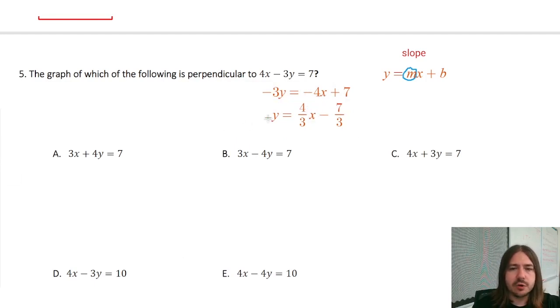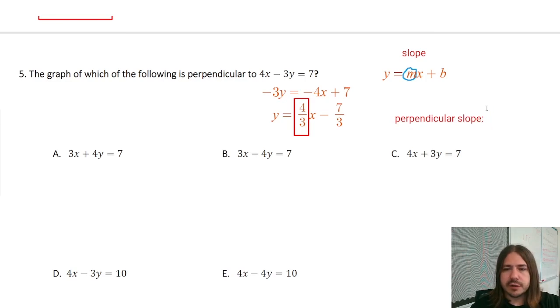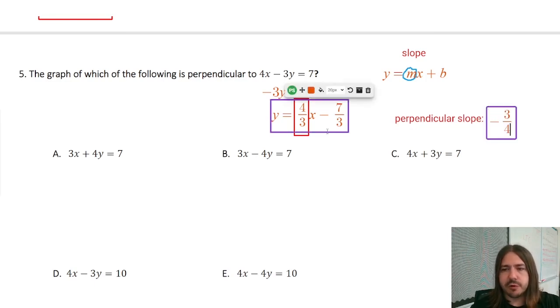So if this slope is 4/3, then the perpendicular slope is going to be the opposite reciprocal of that number. The perpendicular slope that we want to look for is -3/4.